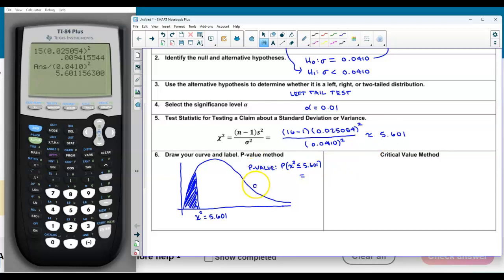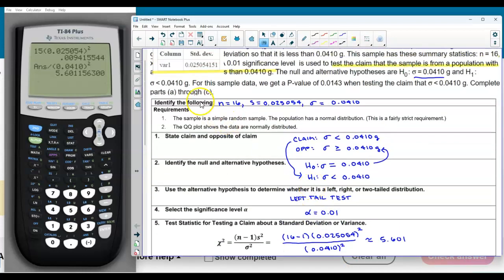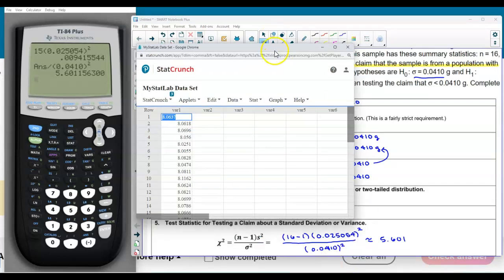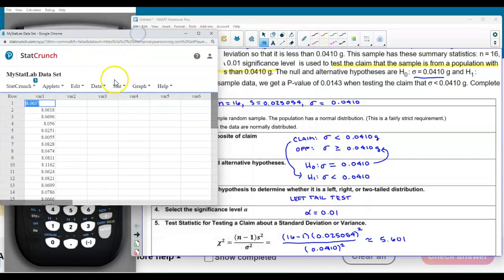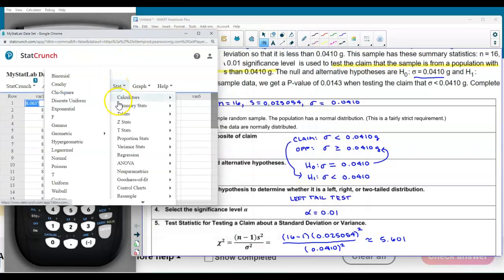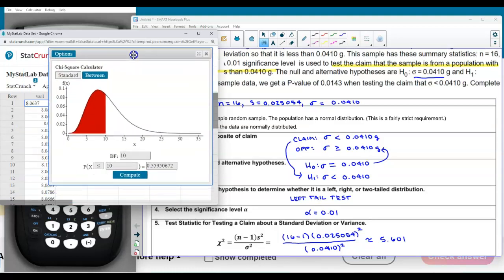Okay, now we also need to know the degrees of freedom. So the degrees of freedom is going to be the sample size, which is 16 minus 1, which gives us 15. Now up here you can see that they give us the p-value of 0.0143, but let's go ahead and use StatCrunch. So we're going to come here in StatCrunch. We're going to go to Stat, and then scroll down to Calculators. And then from Calculators, we're going to select chi-square, because that's the test statistic that we're using.